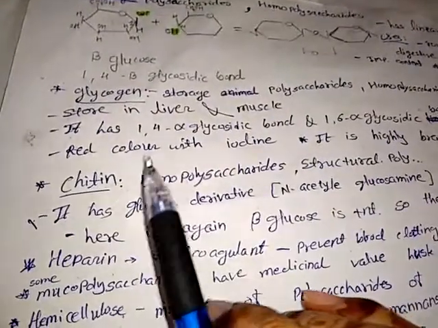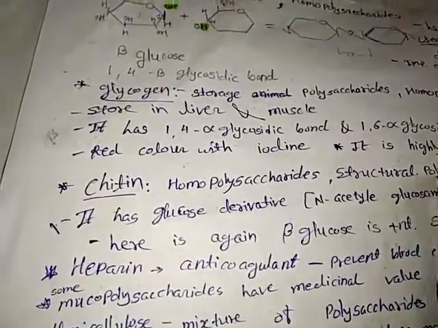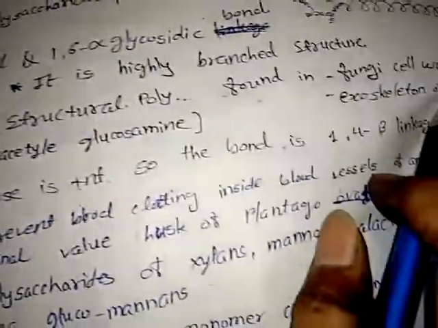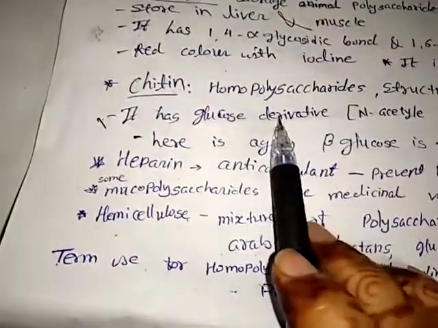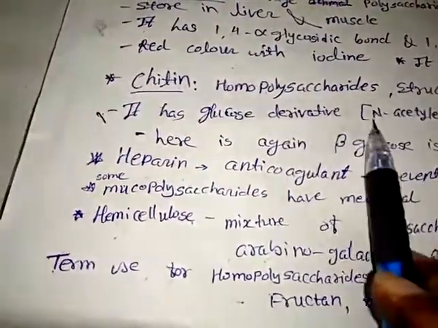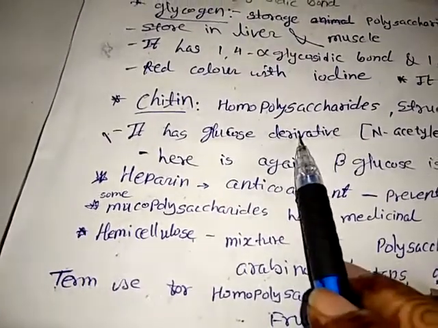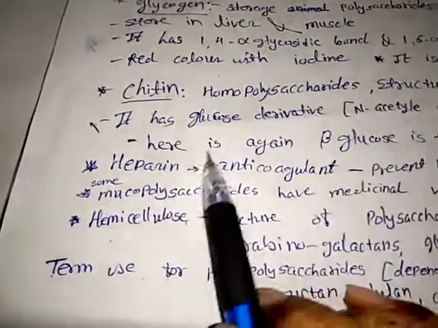Now chitin is a homopolysaccharide, a structural polysaccharide of some fungi and the exoskeleton of arthropods. It has a glucose derivative, N-acetyl glucosamine.